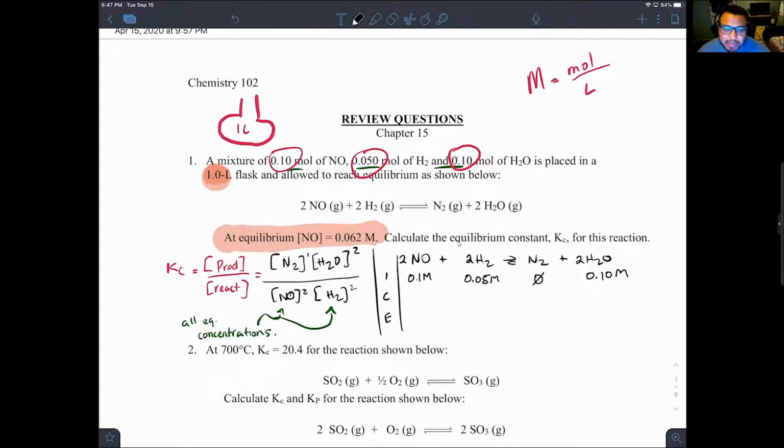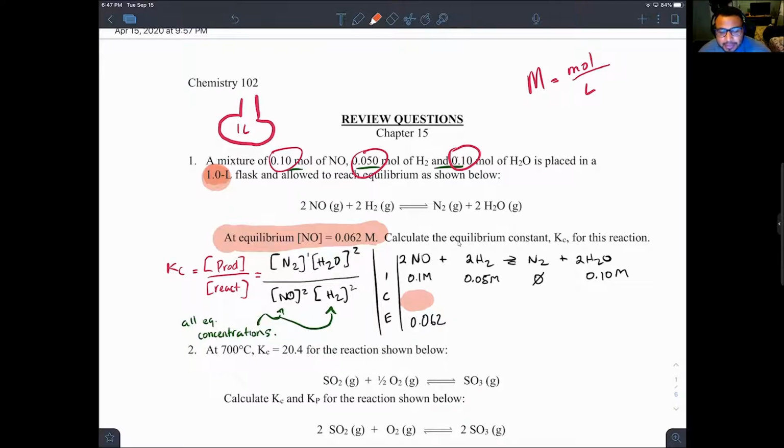Then we see the equilibrium, so I'm using all the numbers they gave me at this point. The only other number they gave me was this 0.062 molar, and that's the equilibrium concentration of NO. So I know that this went down to 0.062. What happened here? As expected, your reactant's concentration went down. That's what happens to reactants as the reaction proceeds forward.